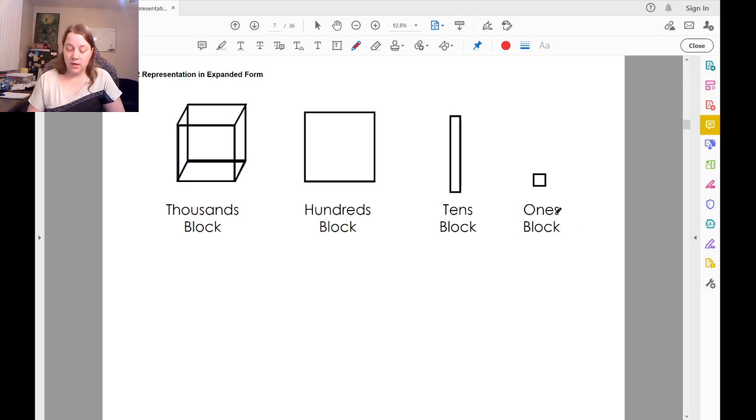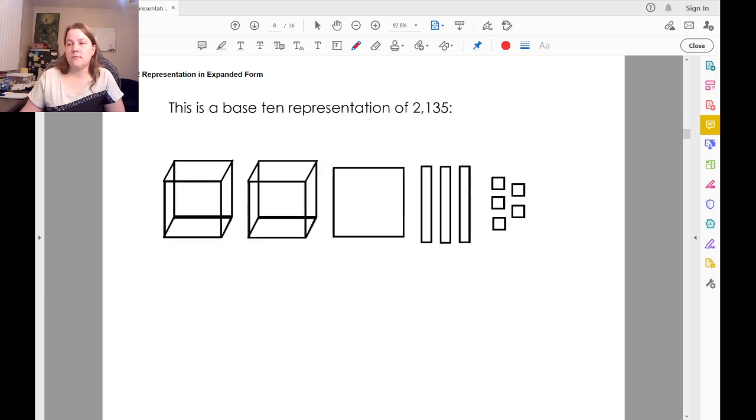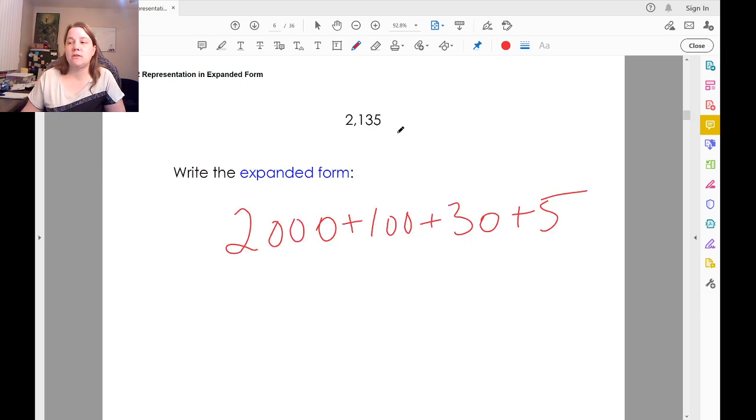I have the ones, the tens, the hundreds, the thousands, and what we're doing is we are showing how many ones, how many tens, how many hundreds, how many thousands. So this is a representation of that same number, 2,135, that we wrote in expanded form.